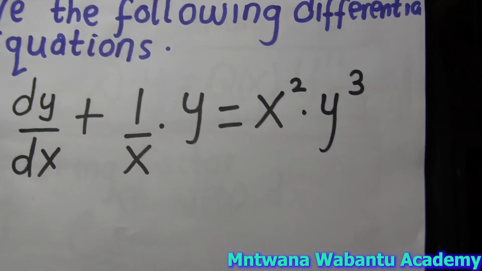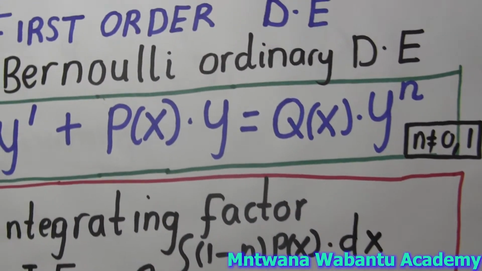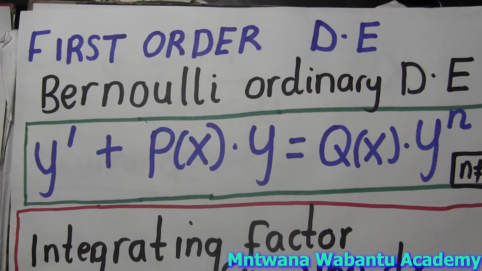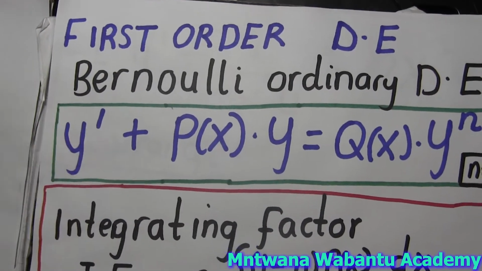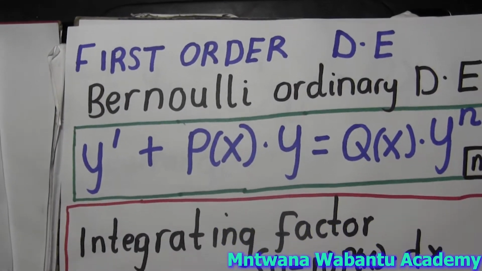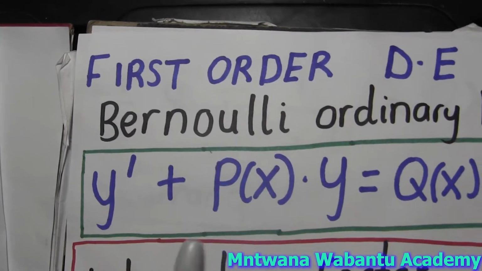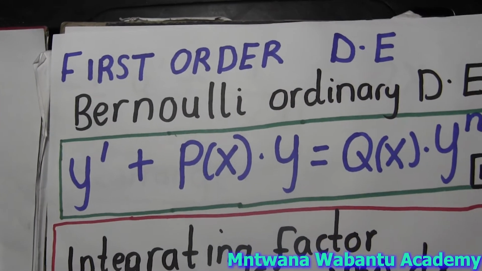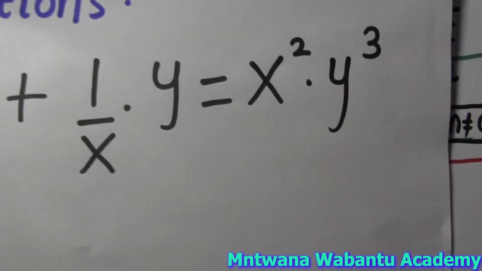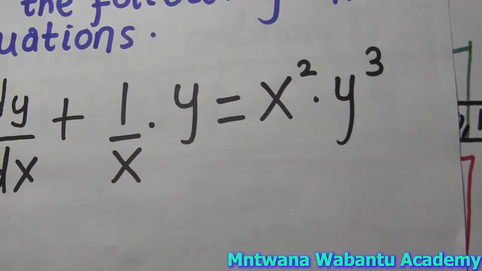You know what I'm saying? So I've written the formula for you to identify a Bernoulli equation. This is the first derivative, y prime, which means dy/dx. You see p(x) is a function of x, and then there's a y.